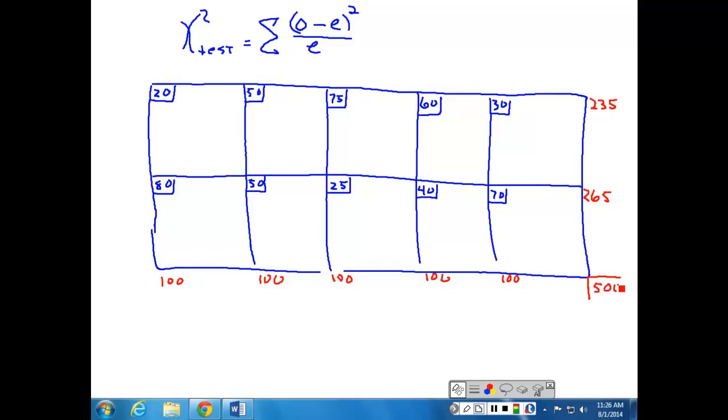So I just get the margins. I'm just adding up. 20 plus 80 is 100 and so on, and then going across in the rows, 20 plus 50 plus 75 plus 60 plus 30. Okay, there's two ways you can get the expected values. Now, I'm going to try, may not be like this on every one of them, to make what I would consider relatively even splits.